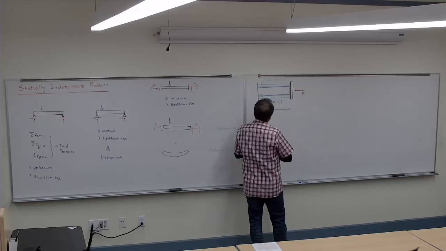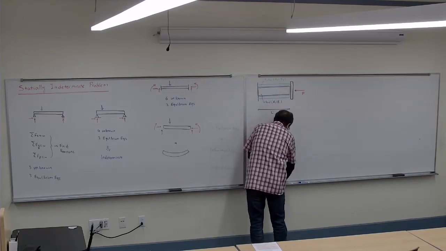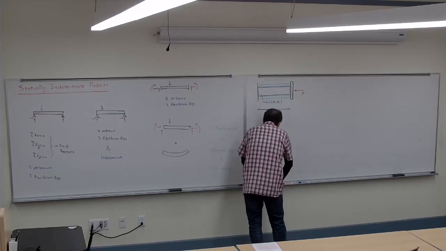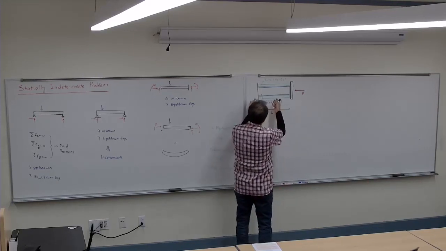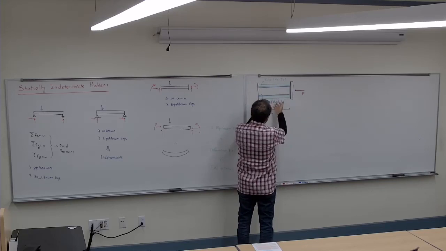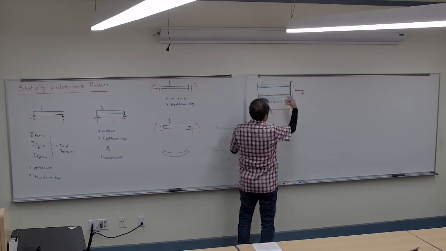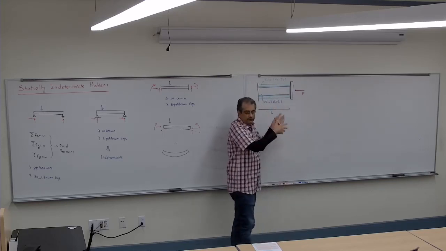So it's parametric, but any of them can have numbers. Doesn't matter. For example, I can say it's a 10 millimeter tube, and a 50 millimeter rod, and a 10 kilonewton force.